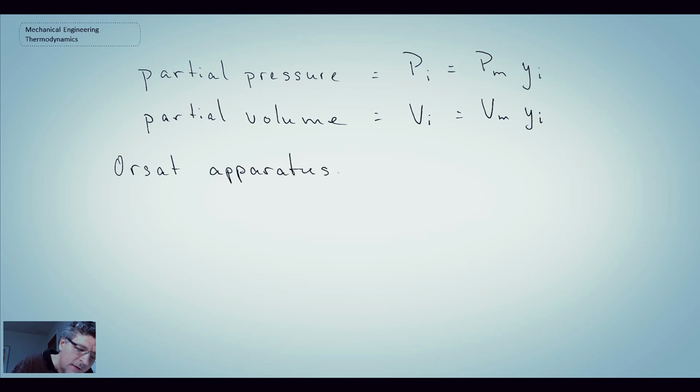What you could do is you would have the mixtures of a combustion process, and you would absorb certain components out of your gas mixture, and by measuring the change in volume, you could then determine the mole fractions, and from that determine the percent of the different components in exhaust gas. But the Orsat apparatus would use partial volume. And I just mentioned that as kind of a historical measurement technique.